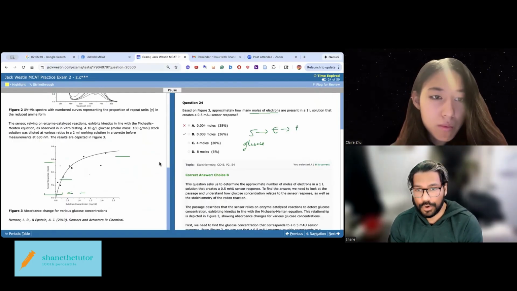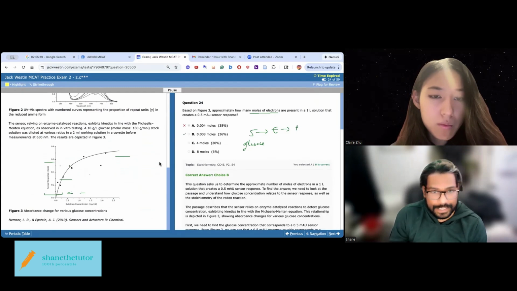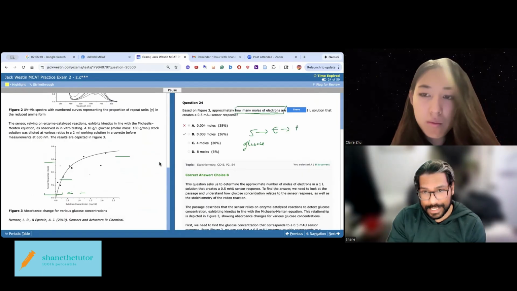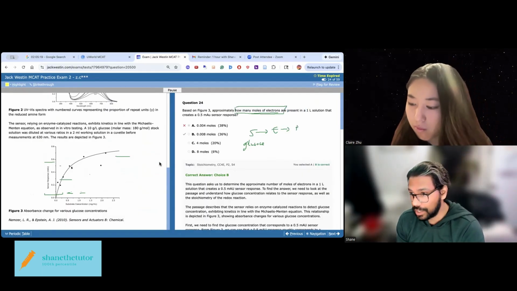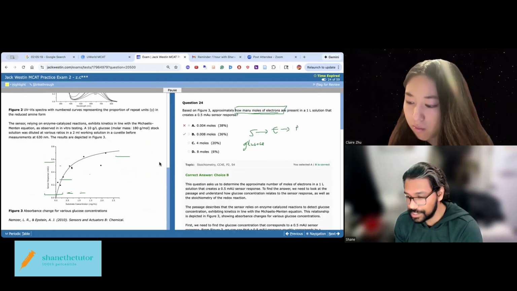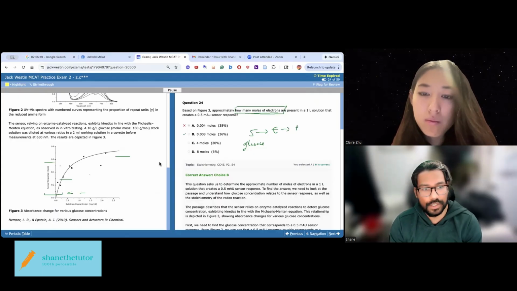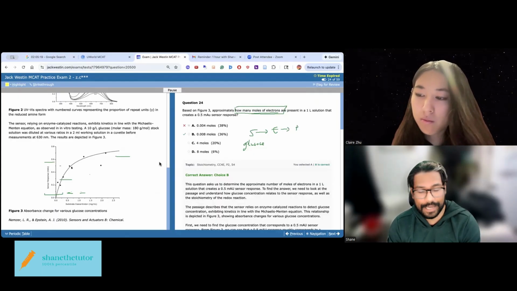So overall, whenever they ask you anything about moles of electrons or number of electrons, it's going to be tied in with a redox reaction, because redox reactions involve transfer of electrons with your half reactions and things like that.